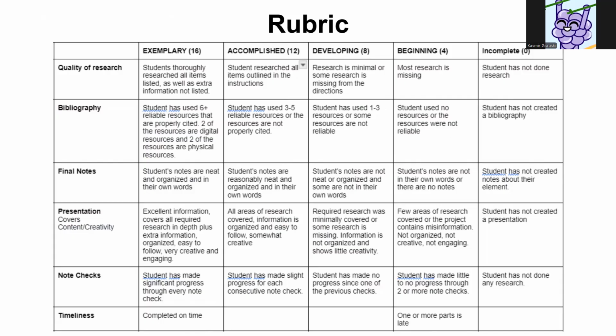Making sure that you have quality research, making sure that you have all of your sources from reliable places and that they're properly cited, making sure that your notes are neat, organized in your own words, and making sure that you made significant progress throughout those notebook checks is going to be really important.